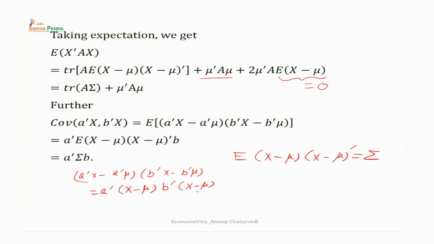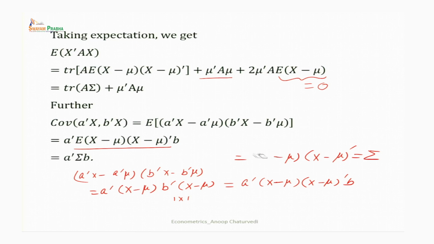Now, the order of b transpose (x minus mu) is 1 cross 1, so you can write it as (x minus mu) transpose b. So, you get a transpose times expectation of (x minus mu)(x minus mu) transpose, times b, and expectation of (x minus mu)(x minus mu) transpose is equal to sigma. So, you get a transpose sigma b.